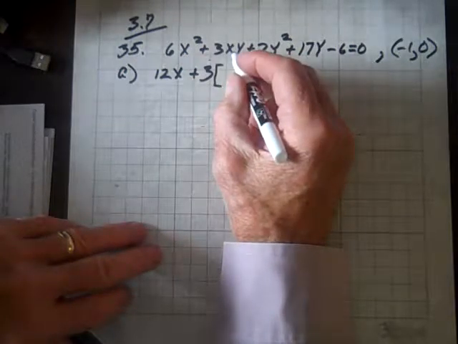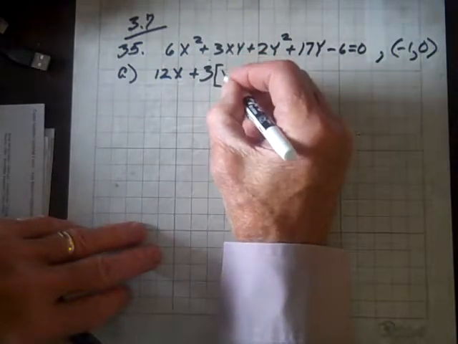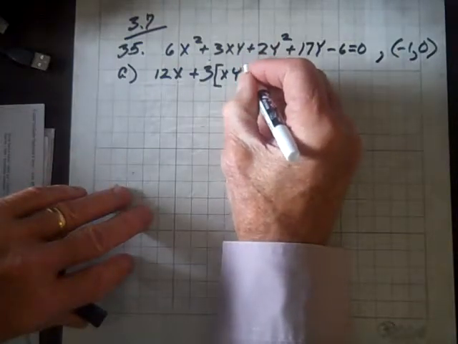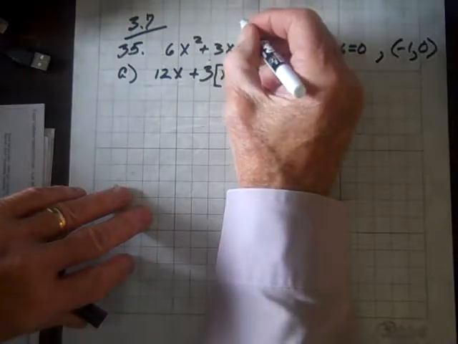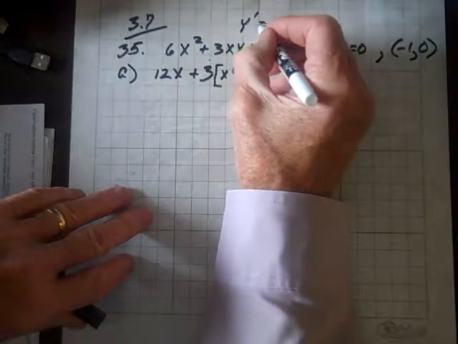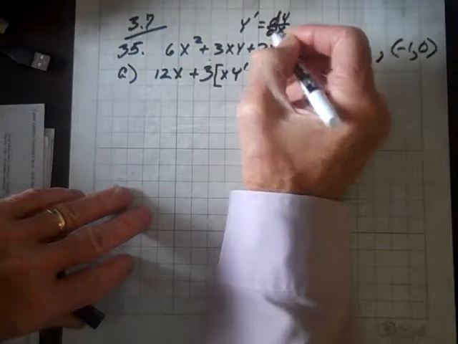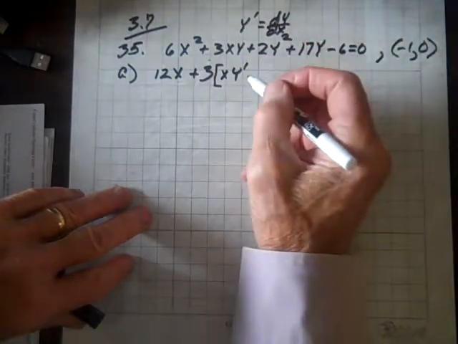So if we hold x constant and take the derivative of y, we'll just get y prime. By the way, I'm going to let y prime equal dy/dx to save ourselves some notation.